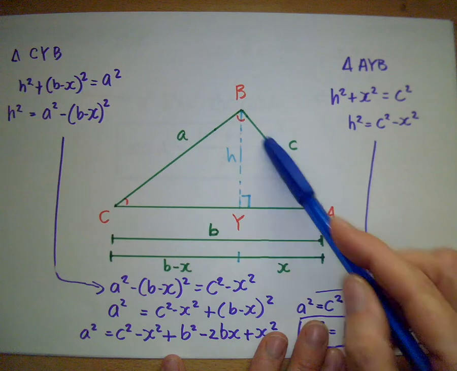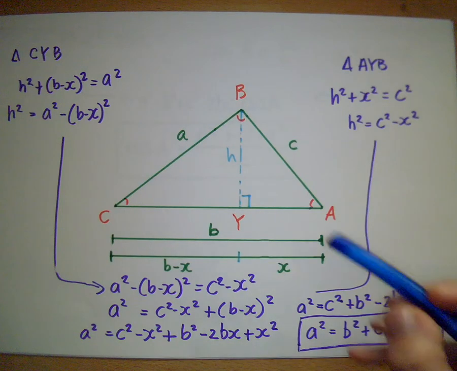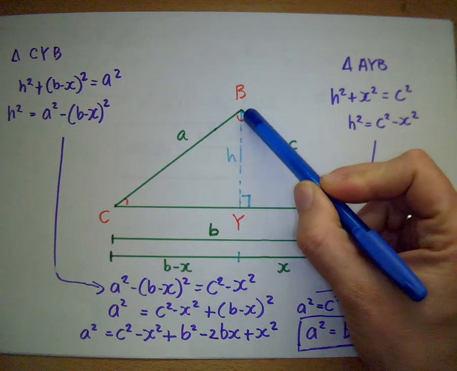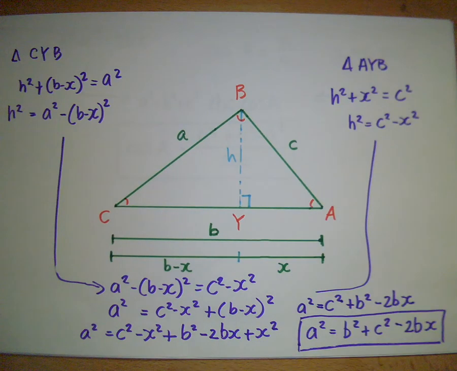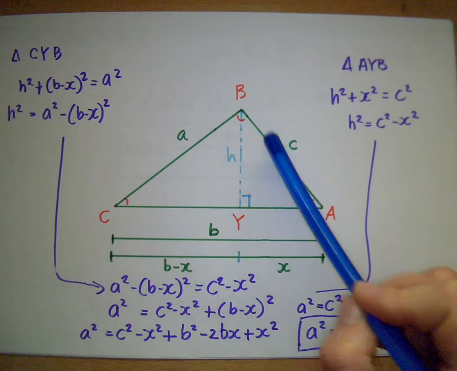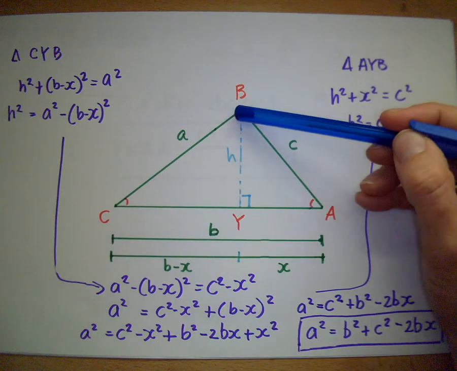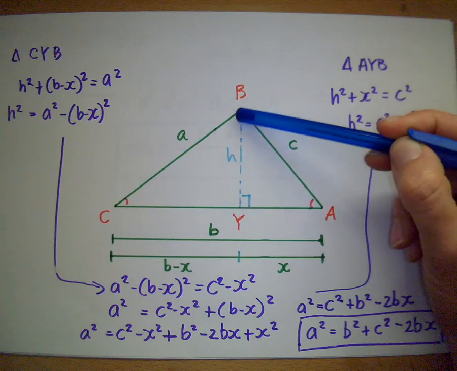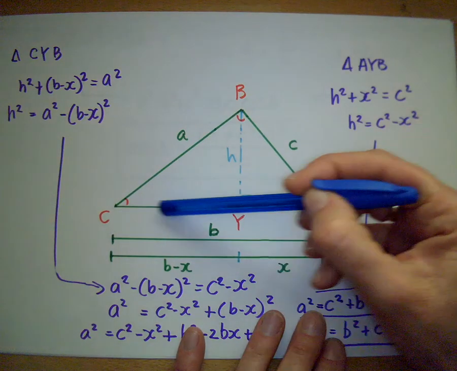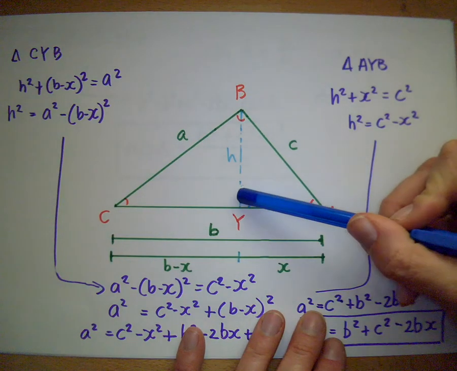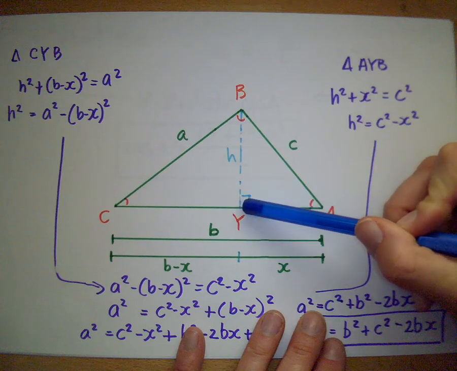Again, we have a triangle that is not a right triangle. The triangle's called ABC. Because there are no right angles in there, I've drawn the height of the triangle again, like I did with the sine rule. It is perpendicular to the base, so it makes a right angle here.